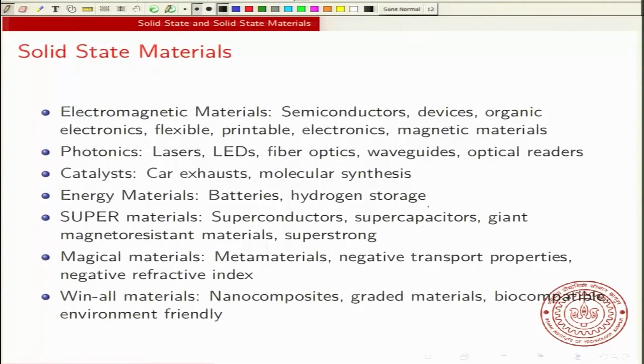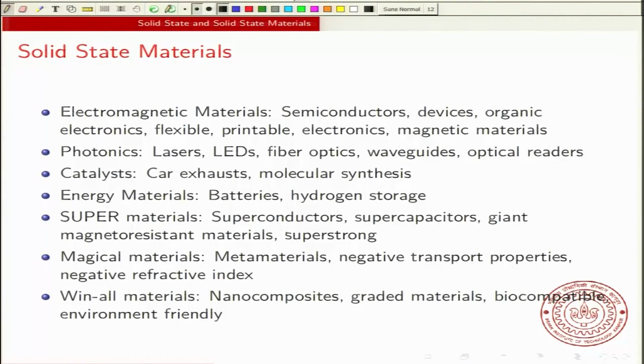Another class of materials which people are discovering more and more is what I call super materials. I am calling them super materials because they have extraordinary properties. For example, a superconductor has extremely low resistance. Again, this is a solid state material.